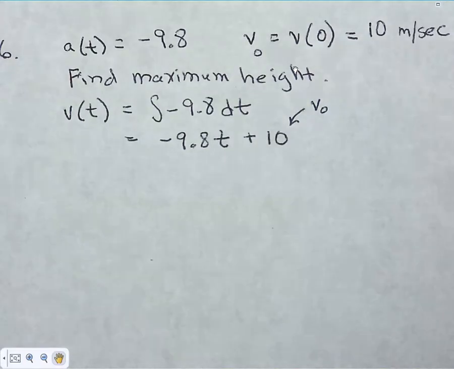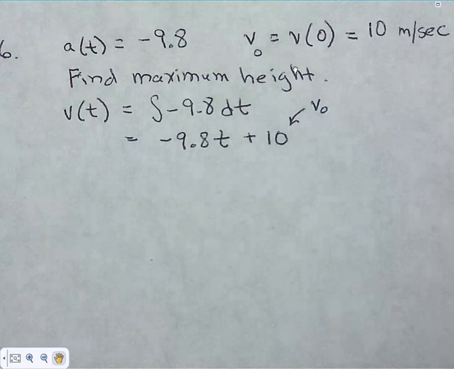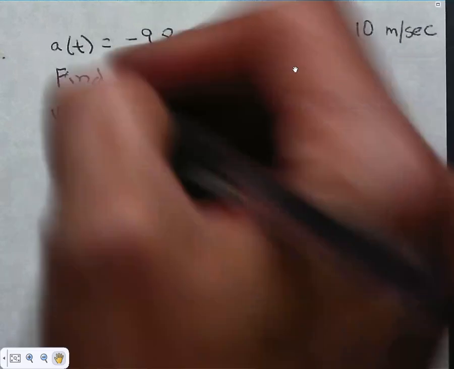Now I could have put plus a constant, but then when I let t be 0 and set the whole thing equal to 10, I would find out real quickly that that constant is 10. So I just didn't go through that step.